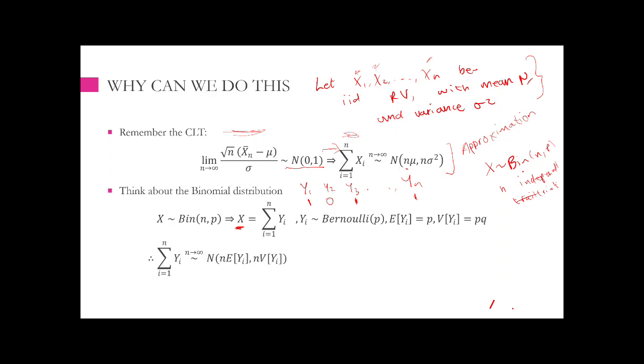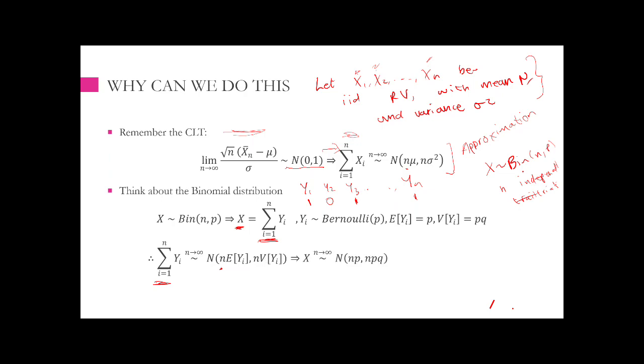So we can take this sum and we can say, hey, as n gets bigger and bigger and bigger, this is going to look more like a normal, where our mean is going to be n, the number of trials we have or the number of samples we have, times the mean of any of our independent trials, and our variance is going to be n times the variance.